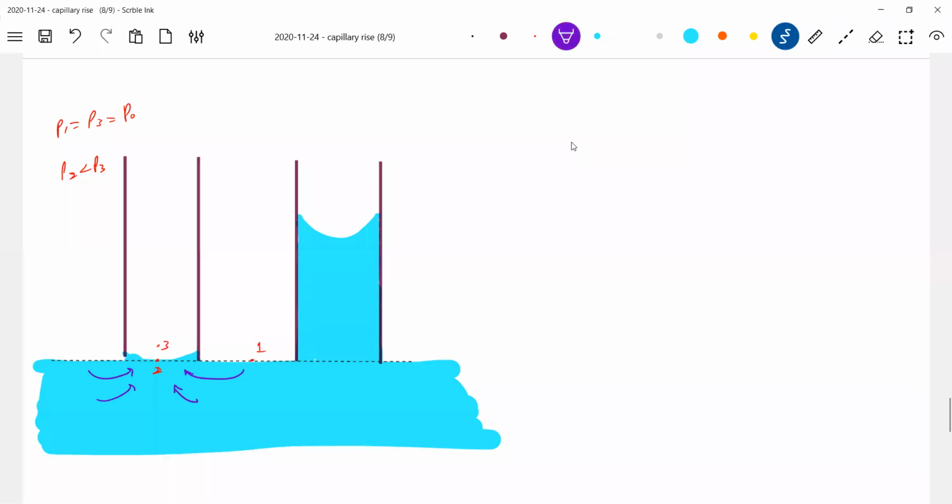Now what are these arrows? Flow of liquid. At least looking at the arrow, you must understand there's a flow of liquid.